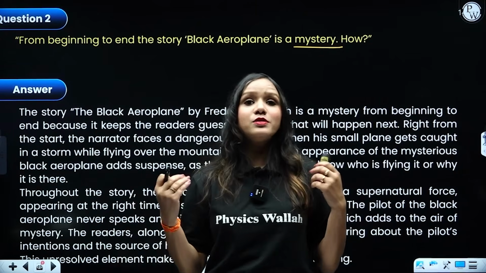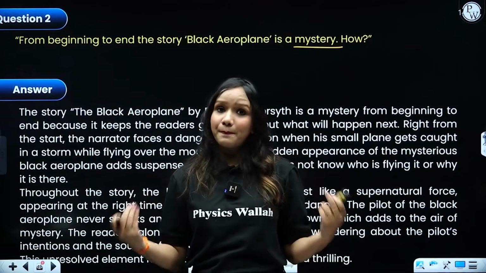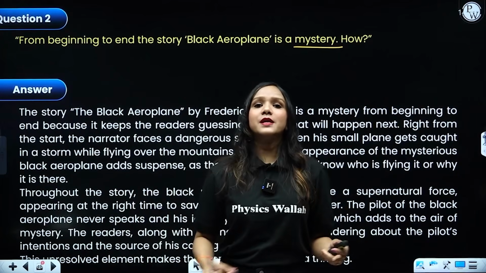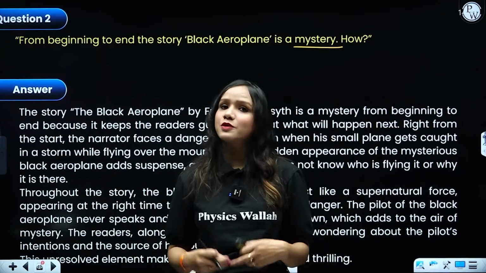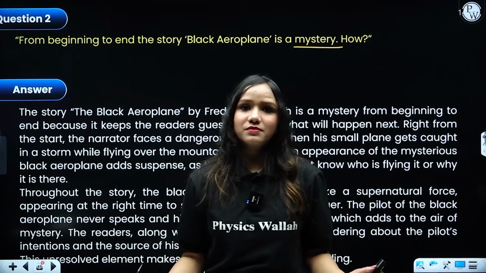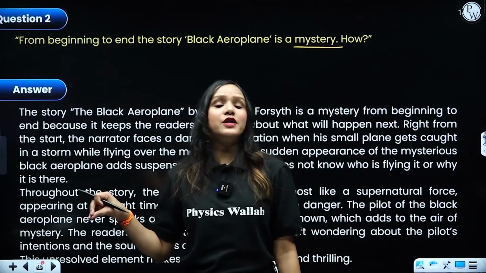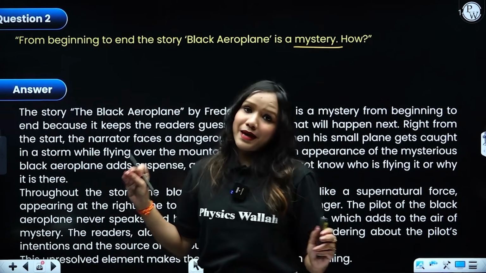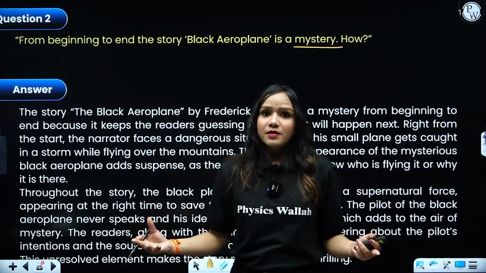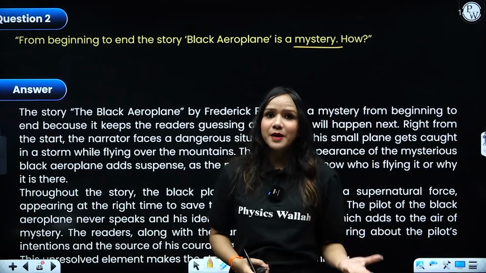When you have faith in that supernatural power, there is some divine power who keeps on guiding us, supporting us, helping us. There is nothing that we cannot achieve, right? So this mysterious plane might be a form that took shape, isn't it?